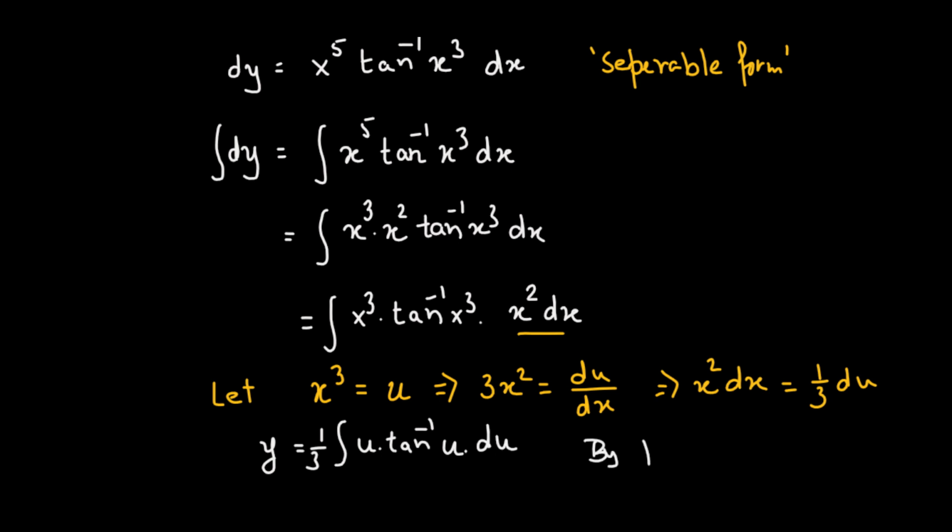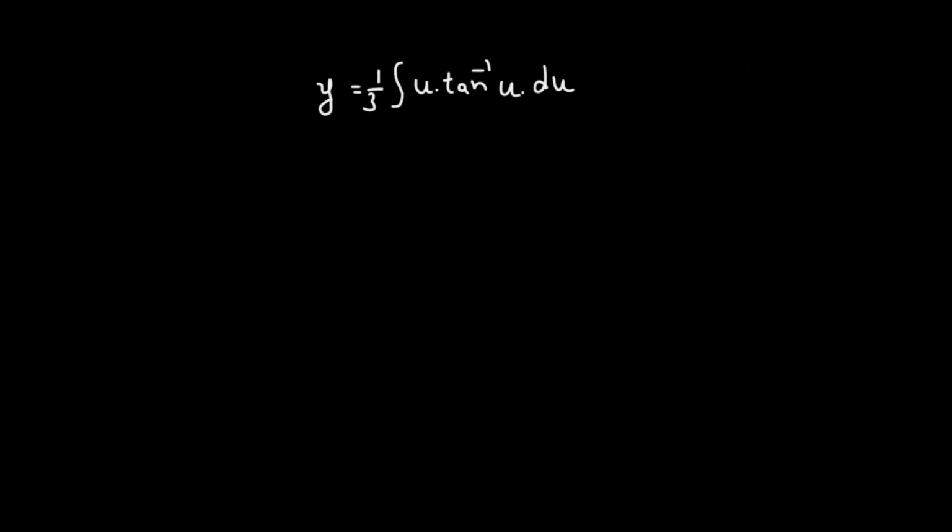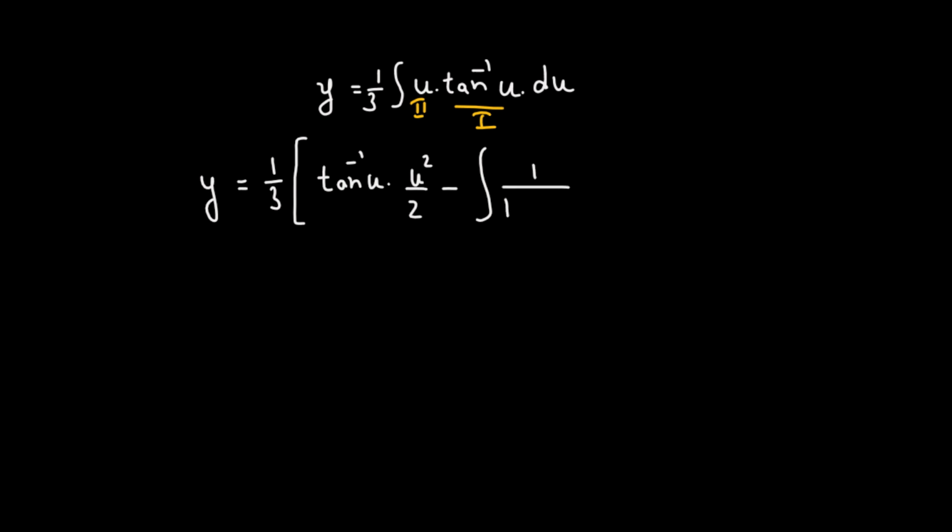Now we have to solve this particular integral by parts. For that, we are going to consider tangent inverse of u as the first function and u as the second function. So let's start with the integration. We have y equals 1/3 multiplied by the first function, tangent inverse of u, times the integration of the second function, u, which is u squared over 2, minus the integration of the derivative of the first function, which is 1 over 1 plus u squared, times the integration of the second function, which is u squared over 2, times du.